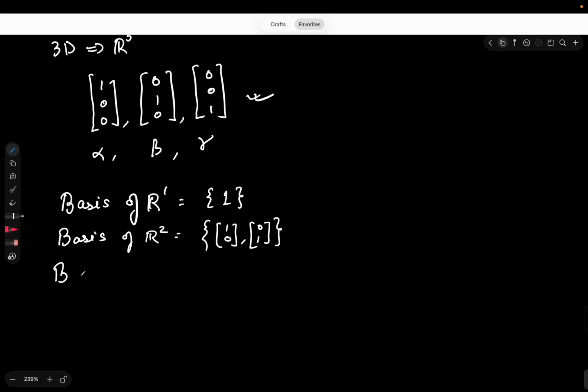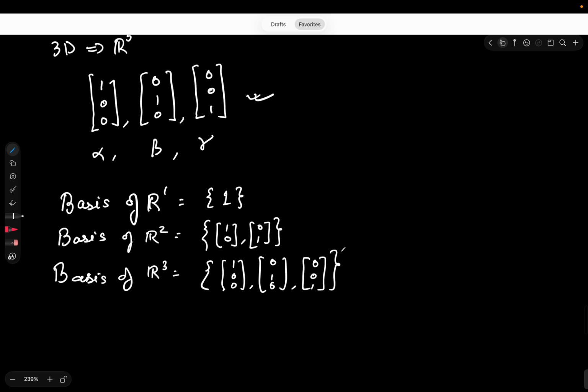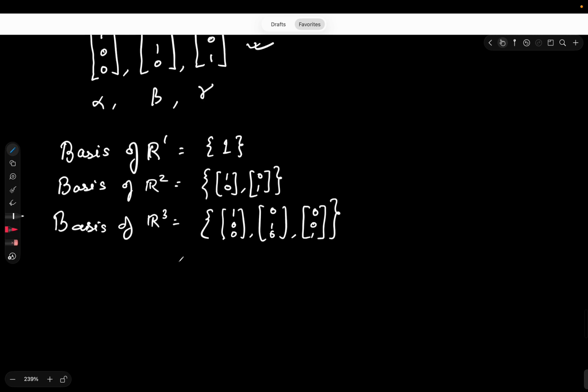The basis of R3 can be written as 1 0 0, 0 1 0, 0 0 1. And with these three vectors we can obtain any vector in R3's vector space. So this is called the basis of a vector space.